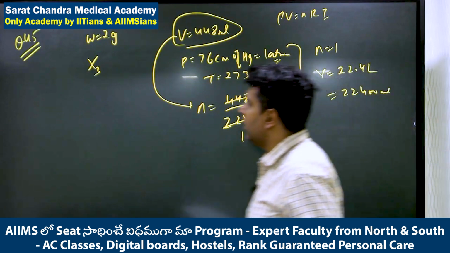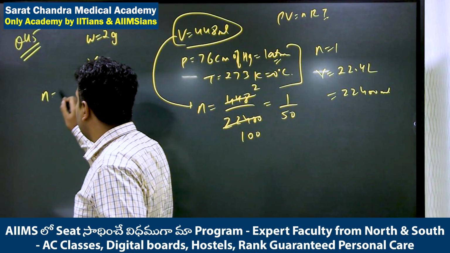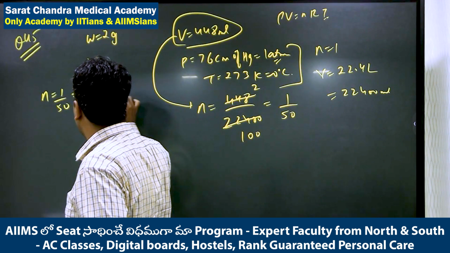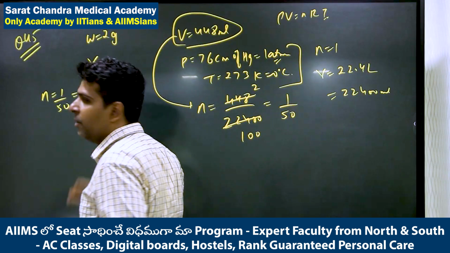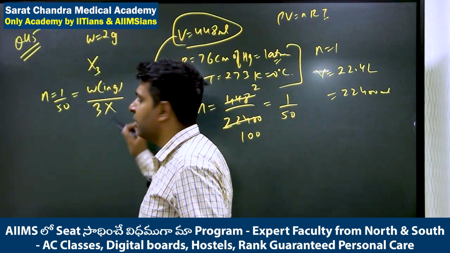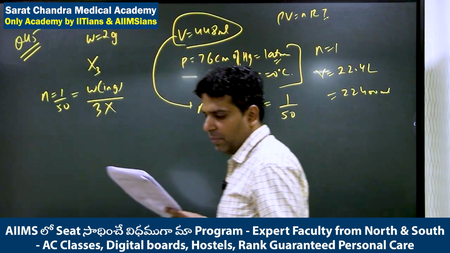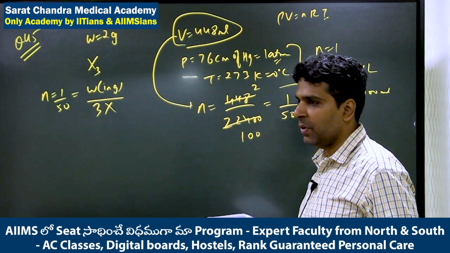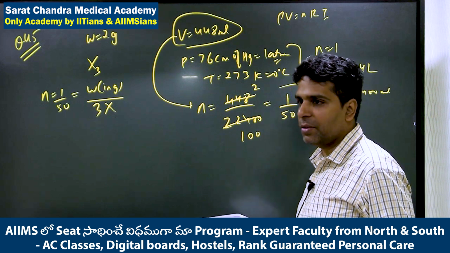Now, number of moles of the gas we know, that is 1 by 50. What is the formula of number of moles of the gas? Given mass in grams divided by molar mass. So what will be the molar mass of this? 3x, where x is the mass of one atom. So mass of one atom or atomic mass is x. So 3x will be the molar mass, right?